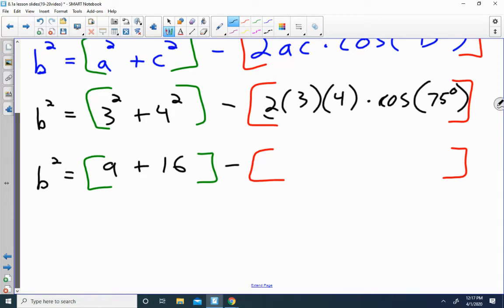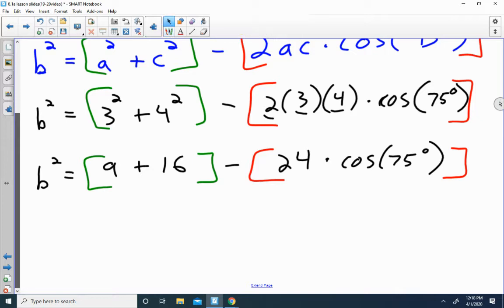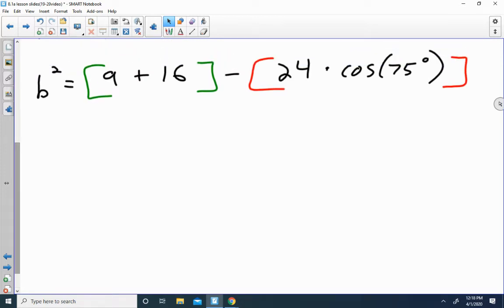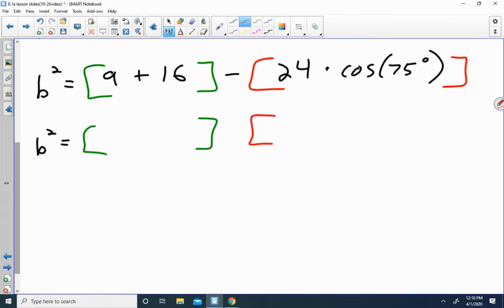If we do 2 times 3 times 4, 2 times 3 is 6 times 4, that should give you 24, and then times cosine of 75. Okay, let's simplify a little bit more. Going to the next step. There we go. 3 squared. Again, keeping the brackets. Green, red.